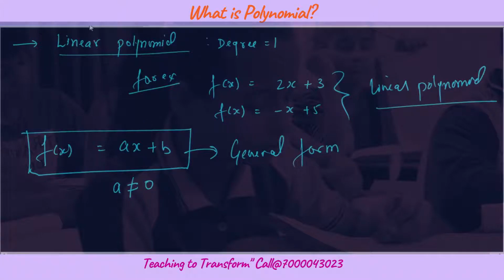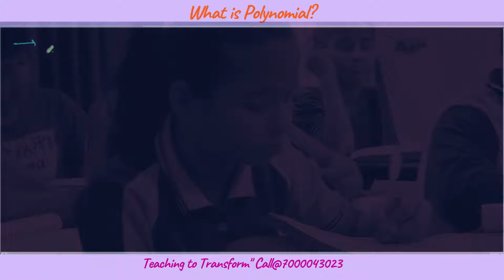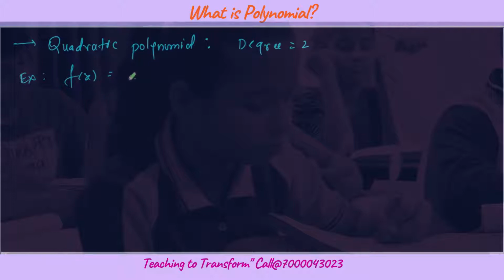Next, quadratic polynomials. The polynomial of degree 2 is known as a quadratic polynomial. For example, f of x is equal to x square plus x plus 1. You can say f of x is equal to x square, or minus x square plus 2x minus 1, are quadratic polynomials.